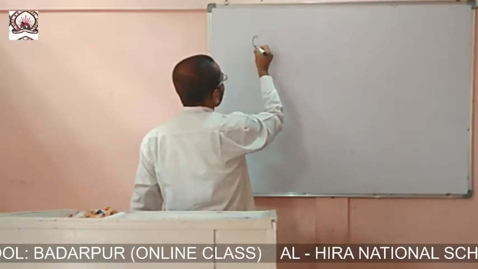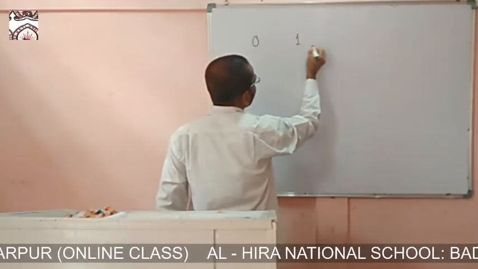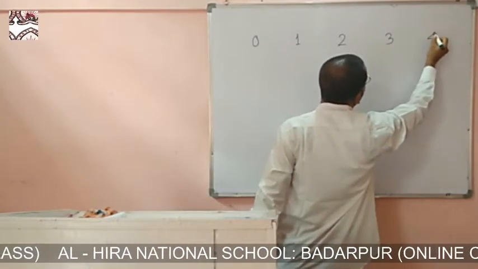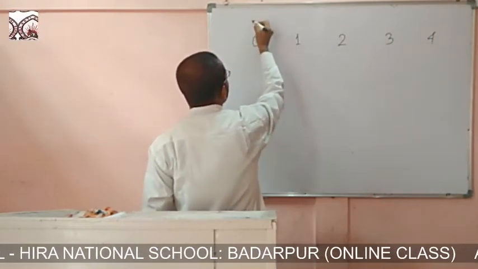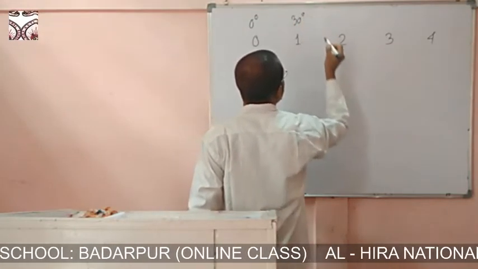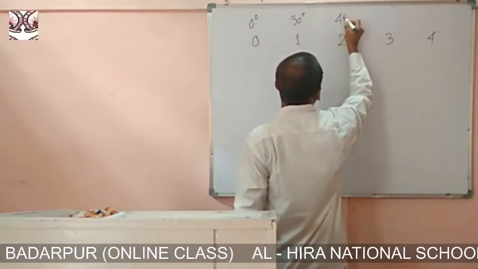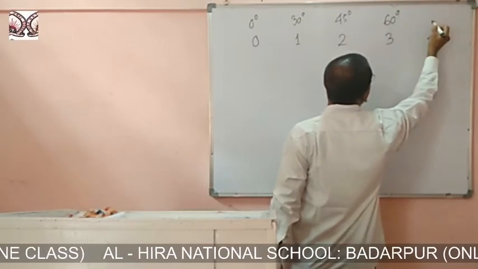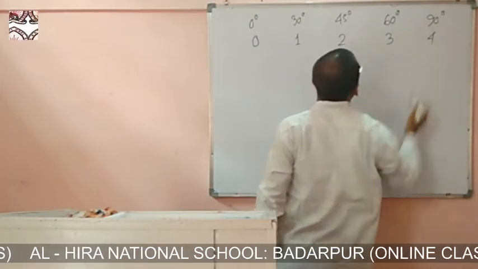This is 0, 1, 2, 3, 4. So if this one is 0 degree, 30 degree, 45 degree, and then 60, and then 90.